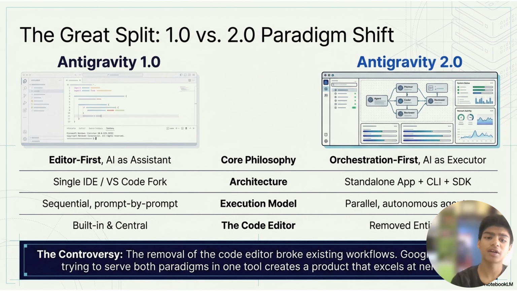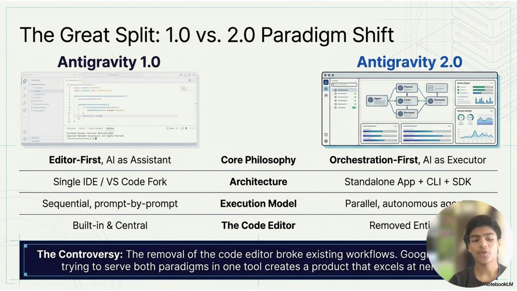If we talk about the grade split, here we talk about the different shifts. Version 1, Antigravity 1.0, was editor-first, with AI as an assistant. There are four evaluations: core philosophy, architecture, execution model, and the code editor.